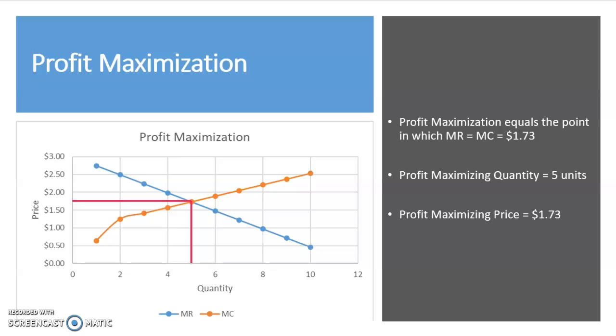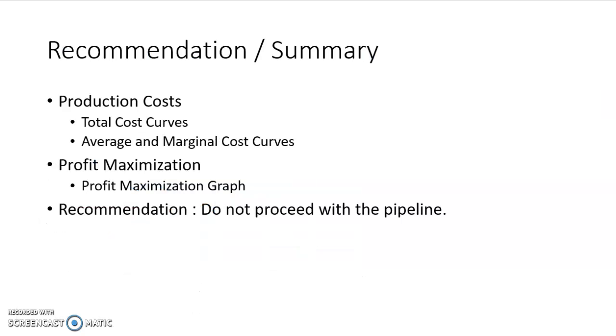At that point, this is when the company is bringing in the most revenue at a healthy production level. For oil company X, the profit maximizing quantity will be 5 units, and the profit maximizing price will be at $1.73. This is shown with the pink lines that have been added to the graph to demonstrate that point of intersection.